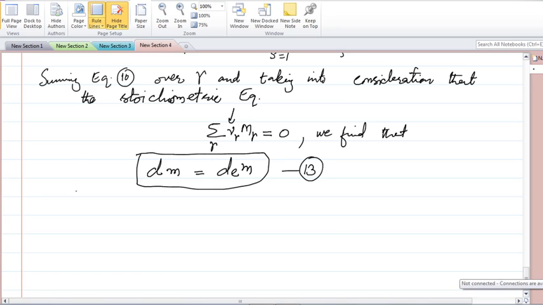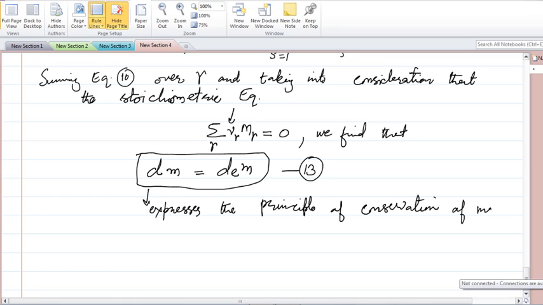So this relation basically expresses the principle of conservation of mass, but in open systems.